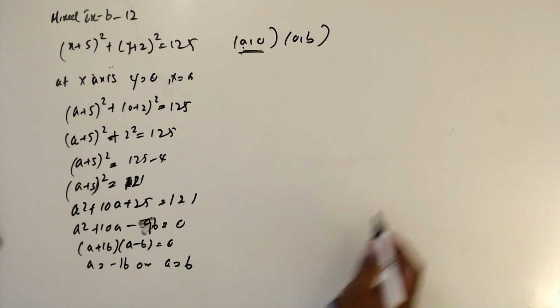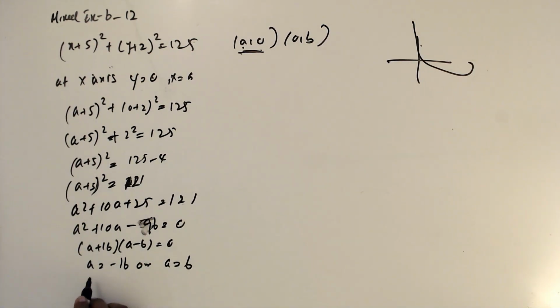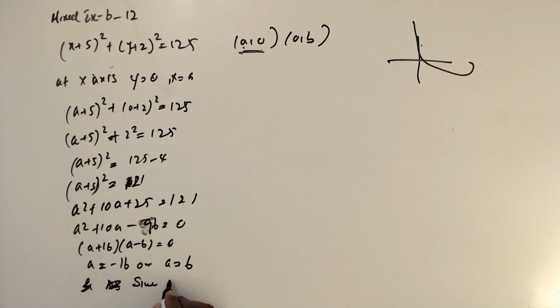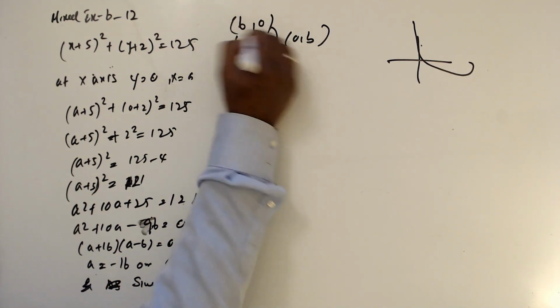Now it says they are on the positive axis. It means a negative can't be. Since a is greater than 0, a equals 6. So this is going to be (6, 0).